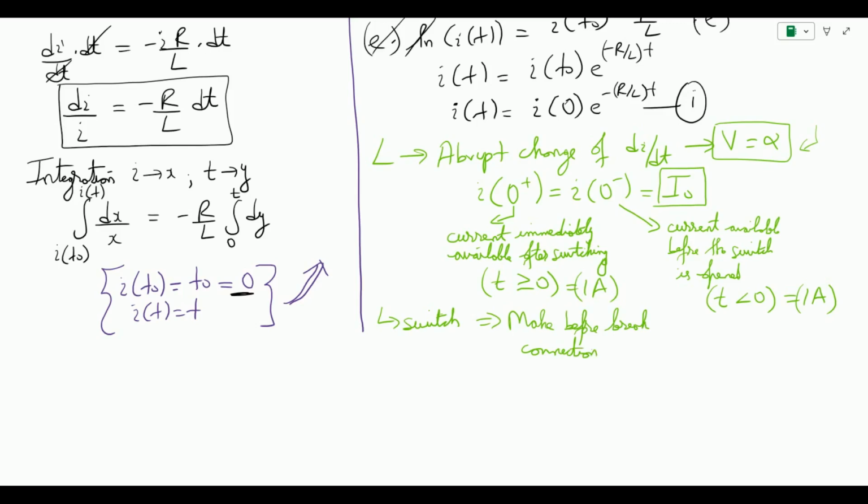We might have heard about this SPST. This is single pole single throw, or single pole double throw. So these are also categories of switches: single pole single throw and single pole double throw.